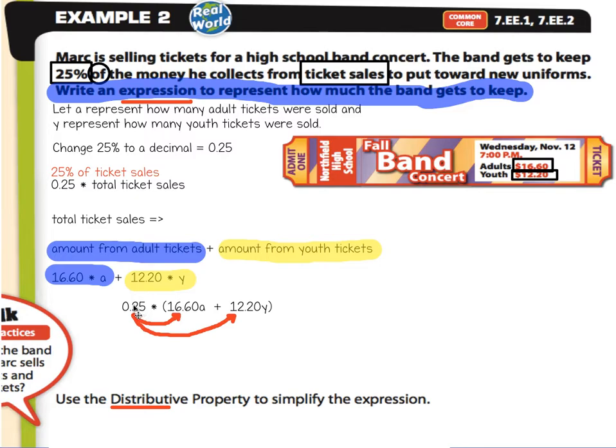All right, so I have 25 hundredths times 16.60, and I have 25 hundredths times 12.20.